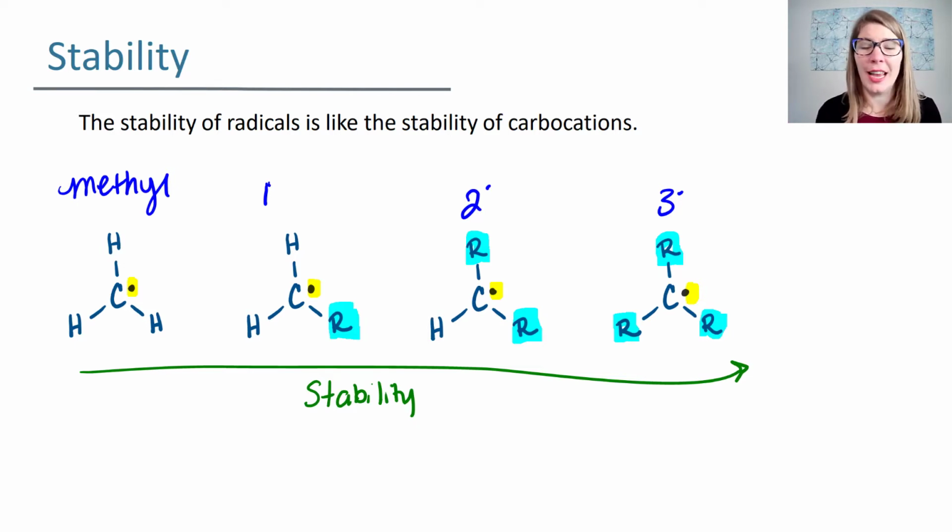And just like carbocations, you now see that as we add alkyl groups, those alkyl groups are doing the same kind of thing that they did with carbocations, where they're donating a little bit of electron density to that not completely filled orbital. And as you have more alkyl groups donating just a little bit, you increase that stability. And similar to carbocations, benzylic and allylic are even more stable. So let's look at those next.